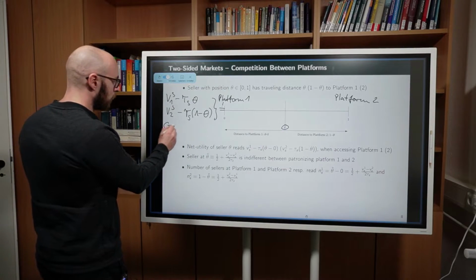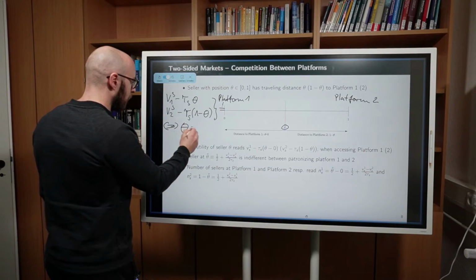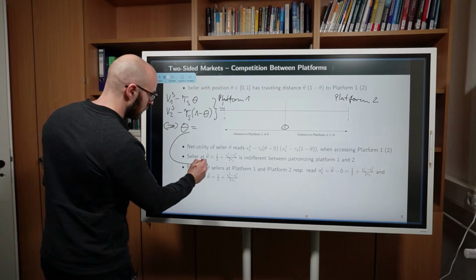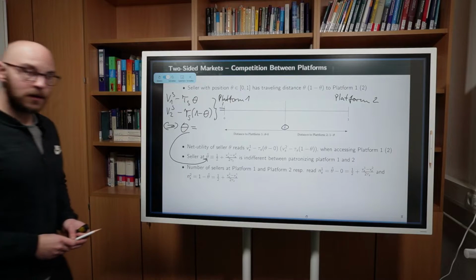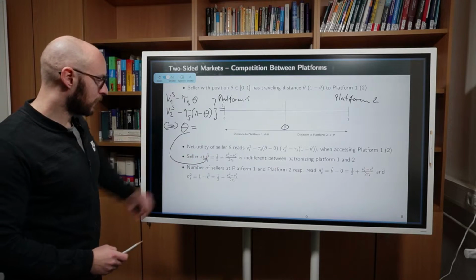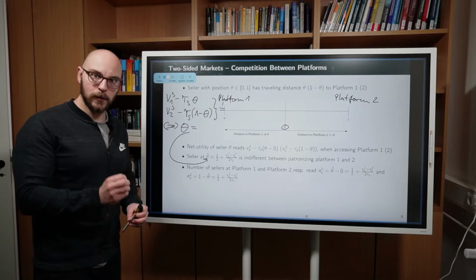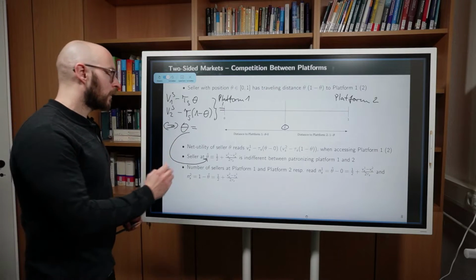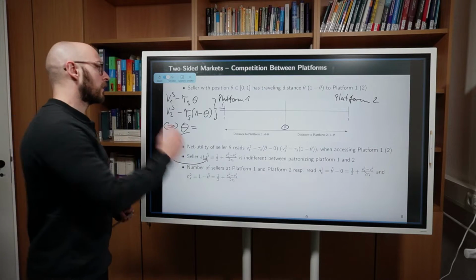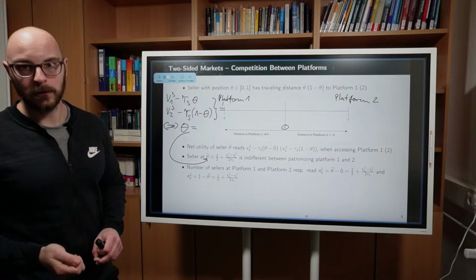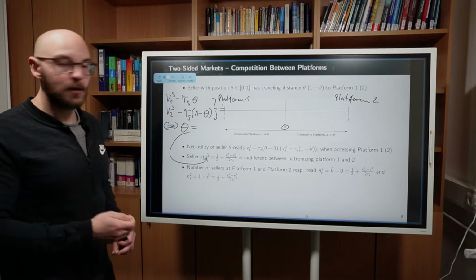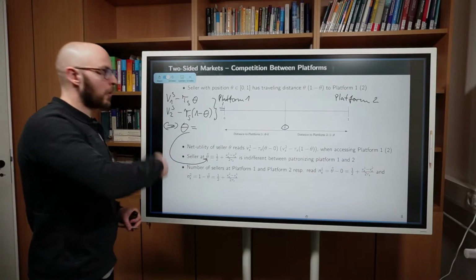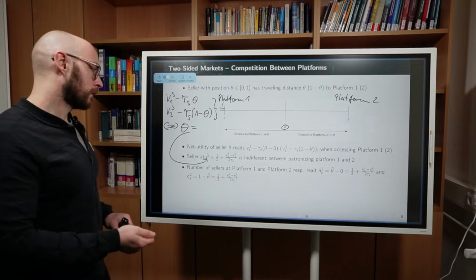And you end up with theta hat, and this is exactly this expression here. So this theta hat is the location of the seller that is indifferent between patronizing platform 1 or platform 2. In other words, this is the developer that is indifferent between developing a game for Xbox or for PlayStation.